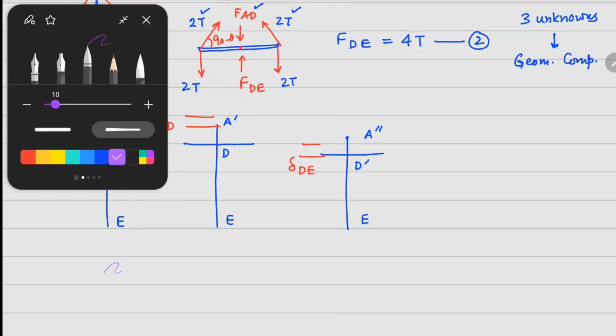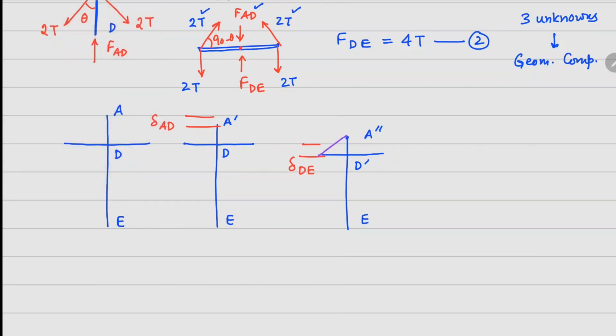Now if you want to draw the cable here, your cable is going to be connected this way and this way, this way and this way. So the final length of this cable, these points are B here and C here. Let's call this B dash, and let's call this C itself.